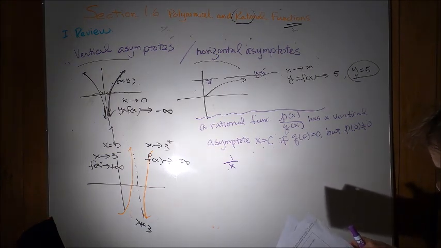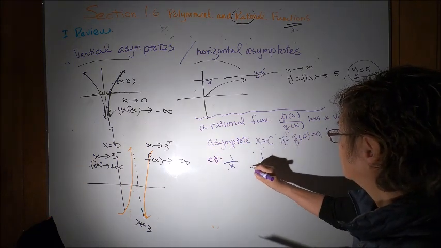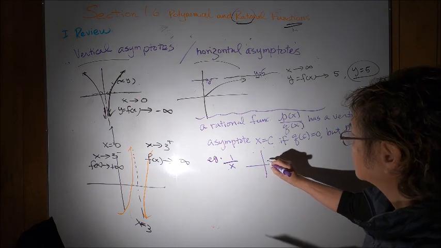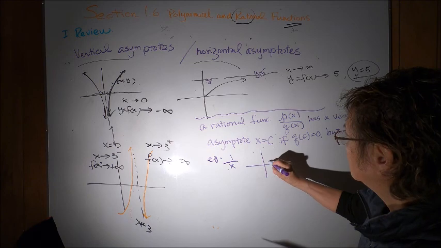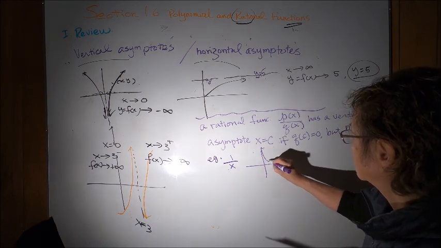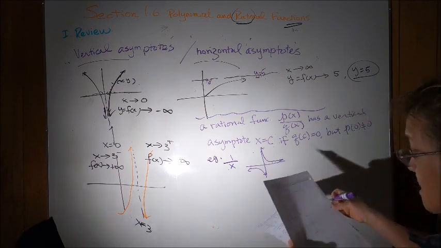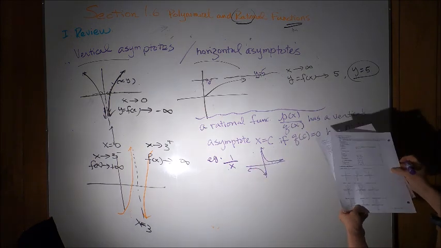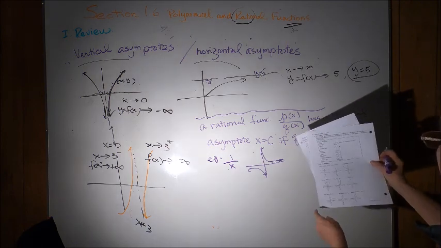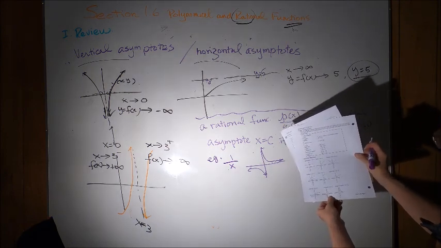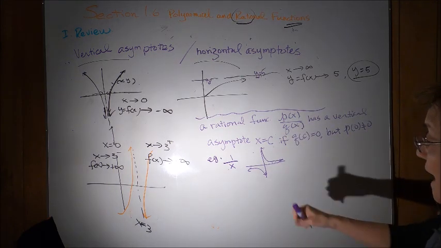You can take a look. 1 over x for this example. So for the graph, x is 1, it's 1; 2 becomes half, quarter. So it looks like this. Negative, it looks like this. It's on your page 5. And let's see, 1 over x is on the bottom in the middle. So what happened to this one?